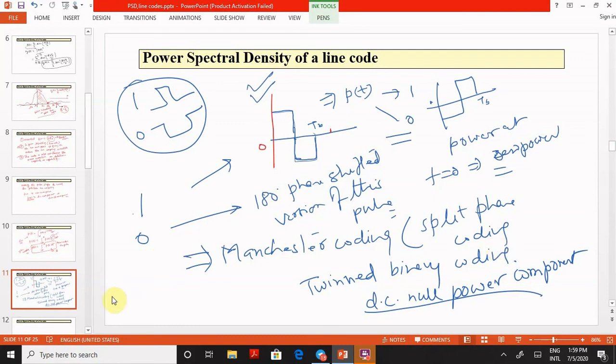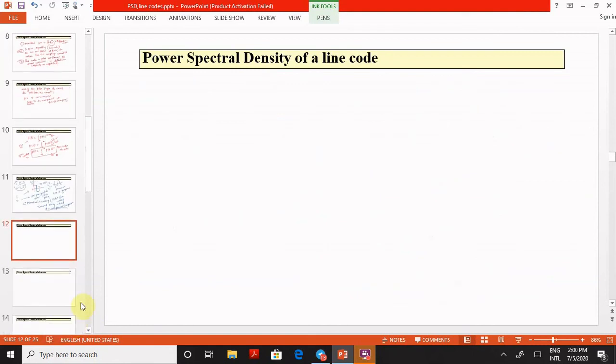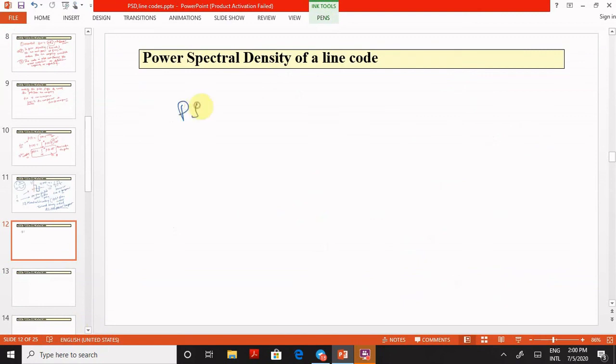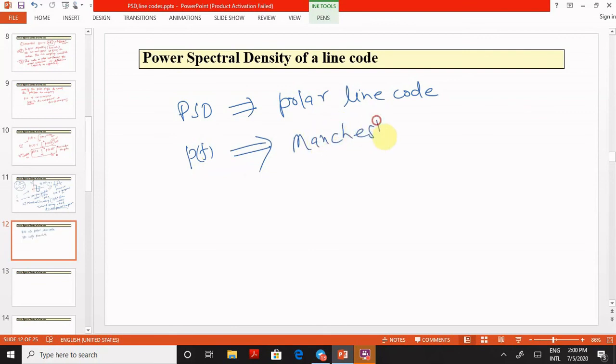So till now we have calculated the power spectral density of a polar line code. We have derived all those relationships, and we also defined that if we modify the pulse shape, that is PF or PT, then we can also achieve a new code that is named as Manchester code, and these two things are now clear to us.